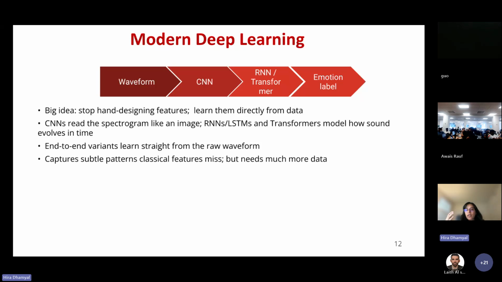And this came from convolutional neural networks, which were introduced for the image processing domain. A CNN convolves over an image in order to discover patterns. Similarly, we can take a waveform or a spectrogram, treat it as an image, and convolve over it to discover patterns in the spectrogram. This was one of our approaches in recent years.